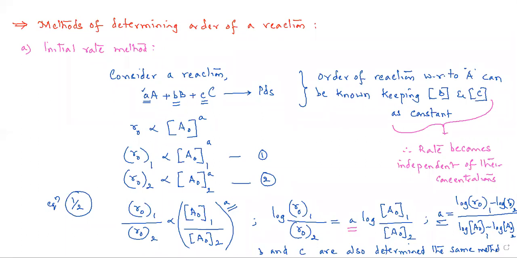So this is the initial rate method, where we have taken the initial rate and the initial concentration.